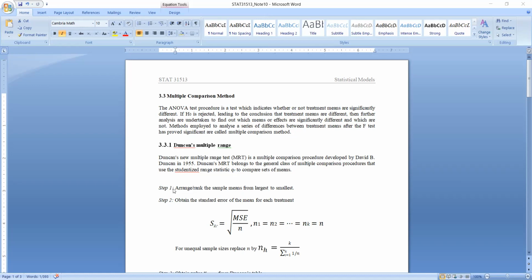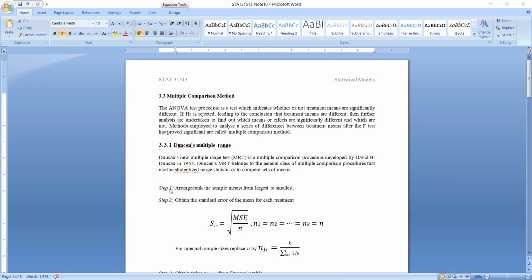Then you have to obtain the standard error of the mean for each treatment. In all the designs that we discussed so far, we had an equal number of replicates for each treatment. If that is our case, you get the same value for the standard error of the mean.